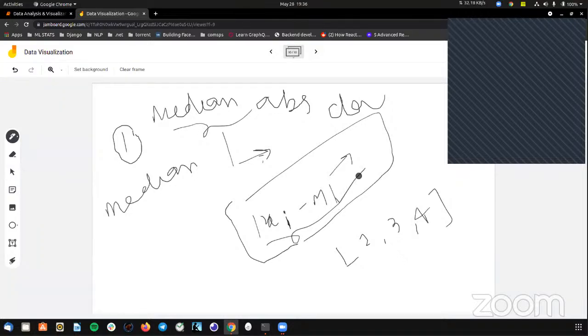Since it's an absolute value, it can't be negative. So you will have a new array. The median that you found is 3 here, for 2, 3, 4. So 2 minus 3 will be 1 since it is an absolute value, then 0, then 1.